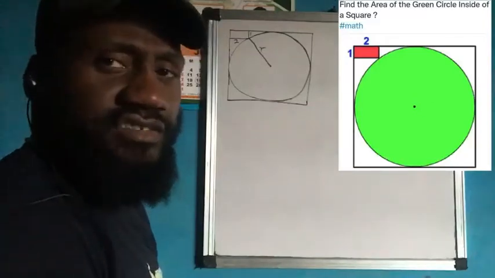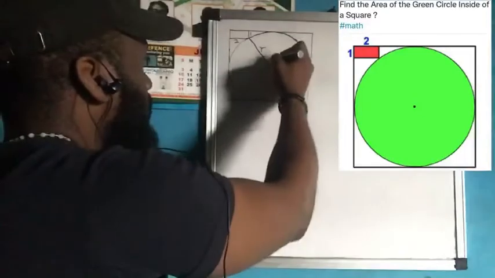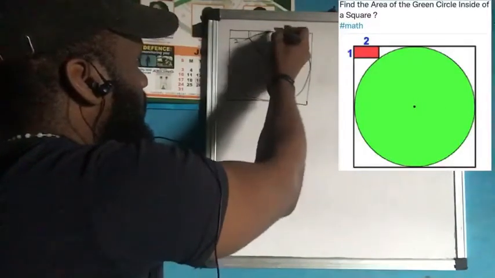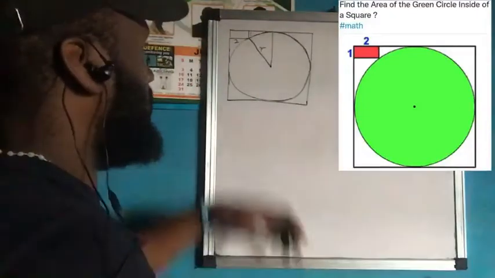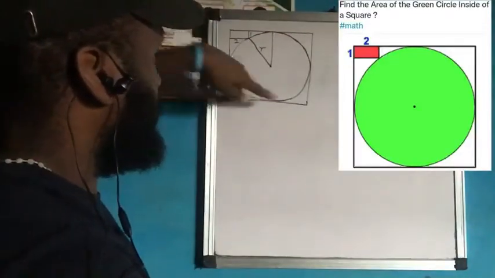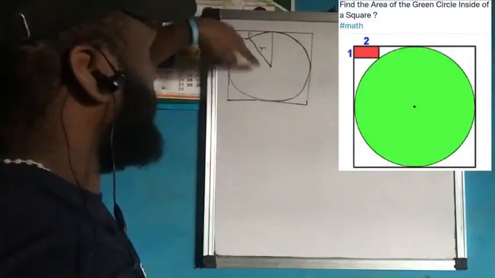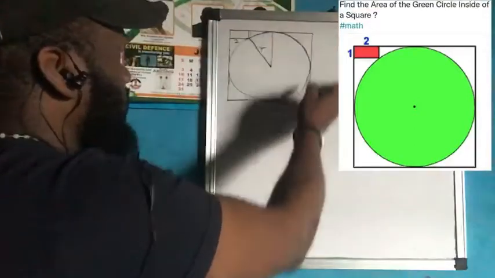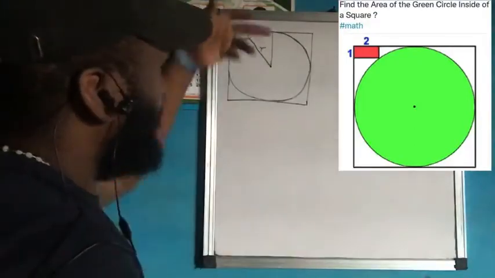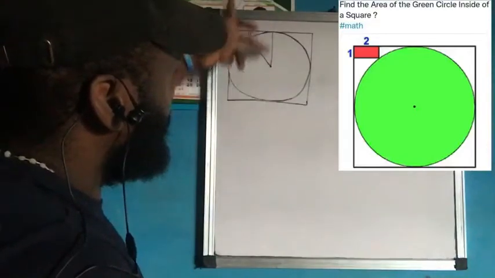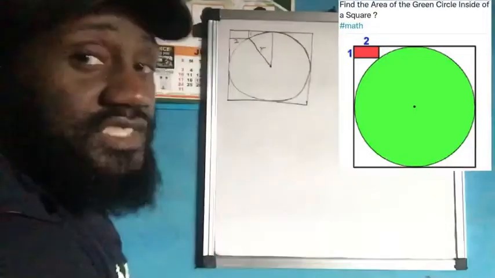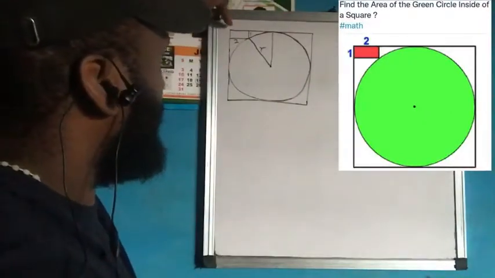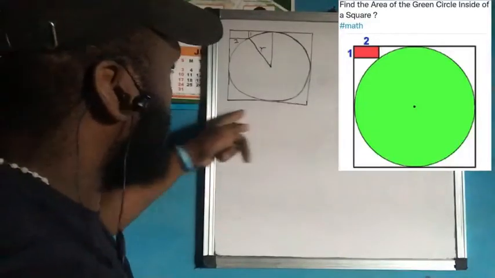Then let's draw two other radii. One from the center to the point of tangency with this side of this quadrilateral that this circle is in, which is a square. It's a square because the diameter of the circle vertically and horizontally is the same, so the diameter is the same length as this side and this side, this side and this side.